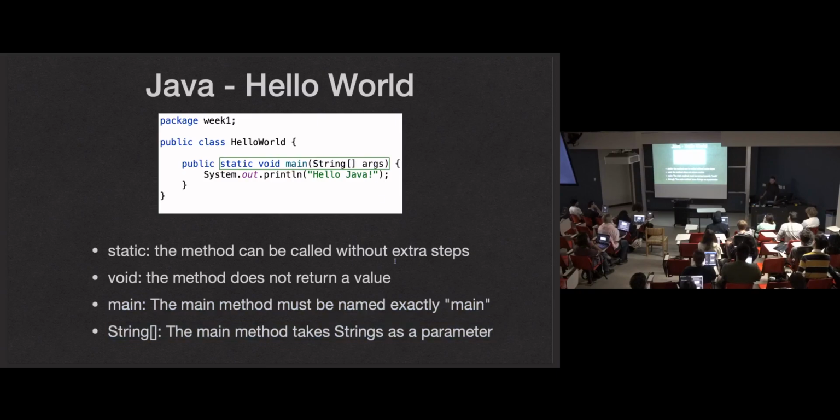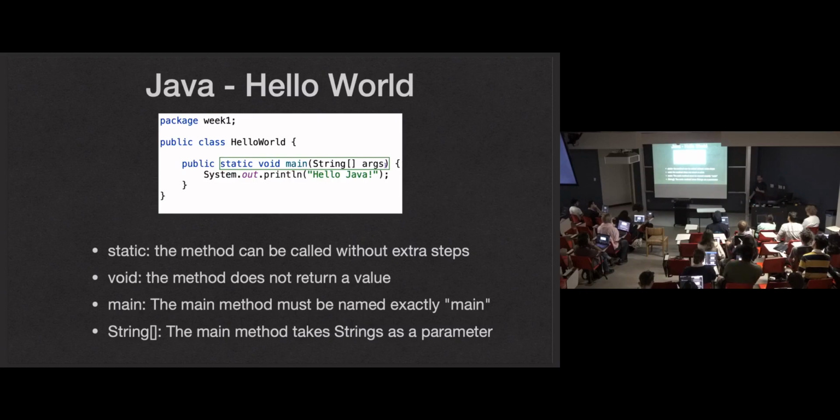And then the one thing that we can change, the one thing that doesn't have to be exact is args. This is a variable name, so we can name it whatever we want, as opposed to the method name. I guess that is confusing too. But by convention, we usually name this args. If you don't want to worry about this part at all, string array of args, that's not something we're going to use in CSE 116.